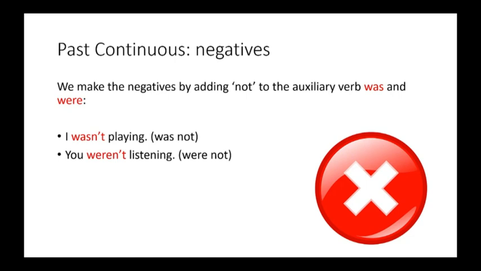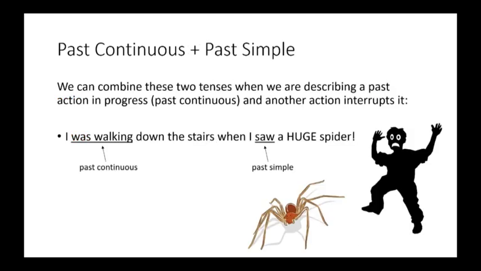Now, since we've learned about the past simple and the past continuous, let's see, how do we use them in combination? So, when we combine these 2 tenses, we are describing a past action in progress, which is past continuous, and then another action happens and interrupts it.